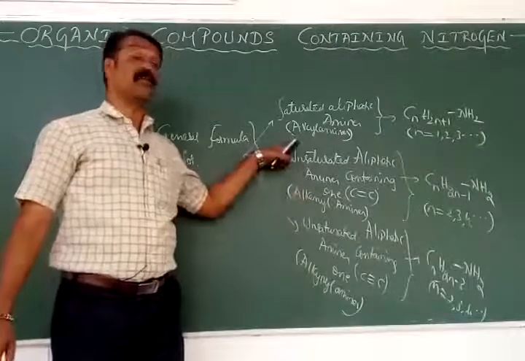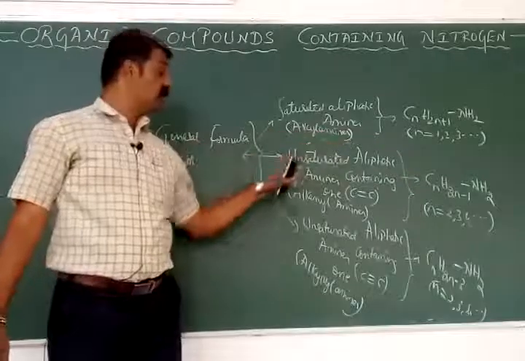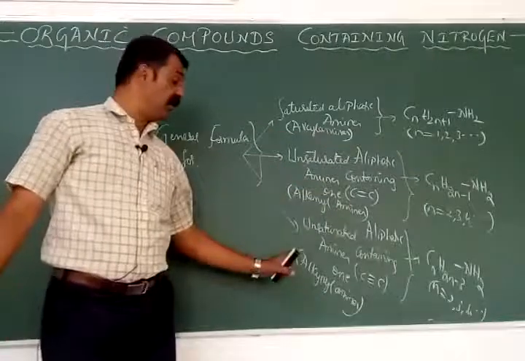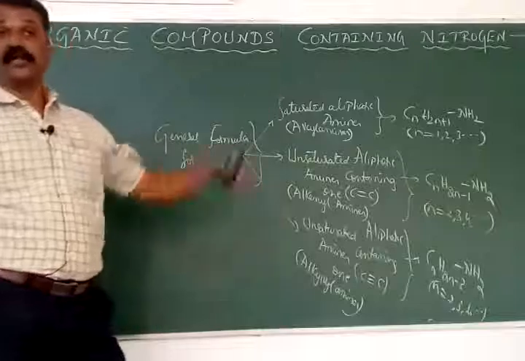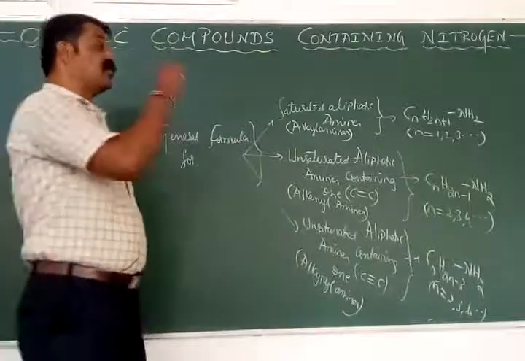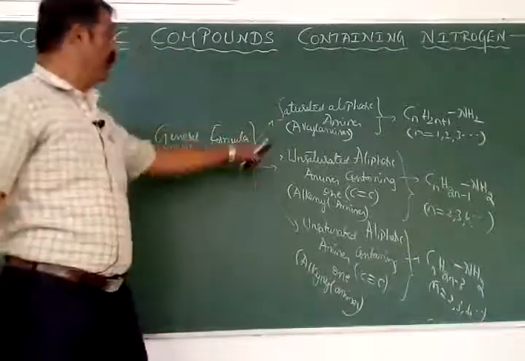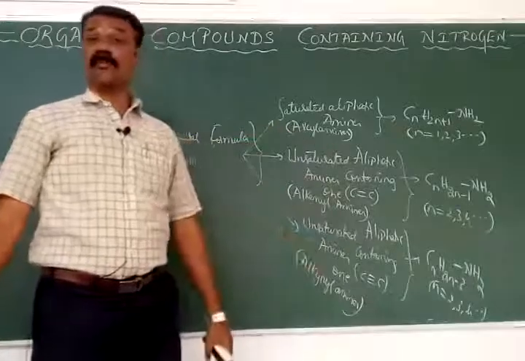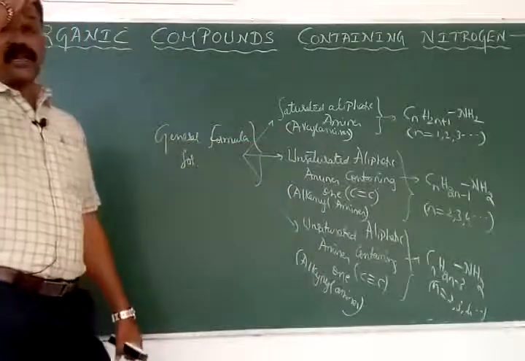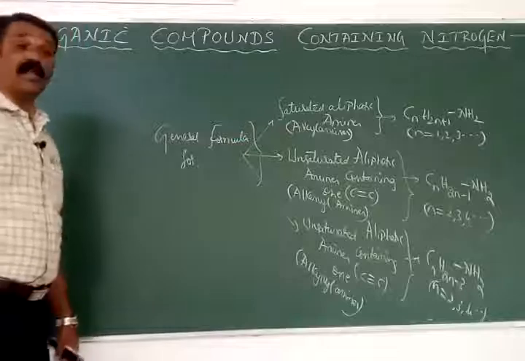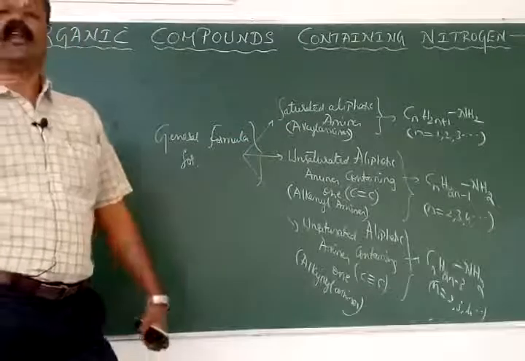Their IUPAC names are respectively what? Alkanamines, alkenamines and alkynamines. They have the respective general formulas of CnH2n+1 with NH2 for alkyl amines, CnH2n-1 with NH2 for alkenyl amines, and CnH2n-3 with NH2 for alkynyl amines.